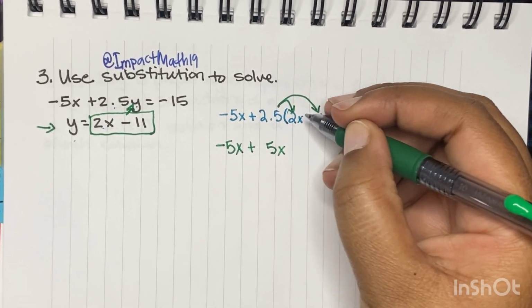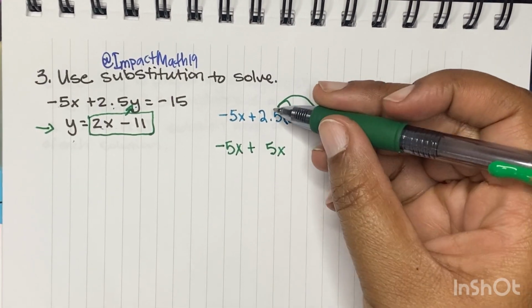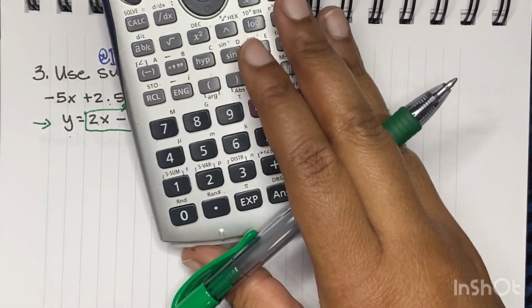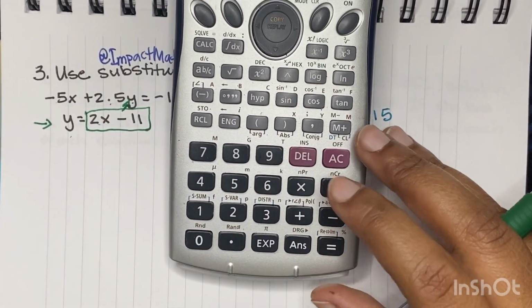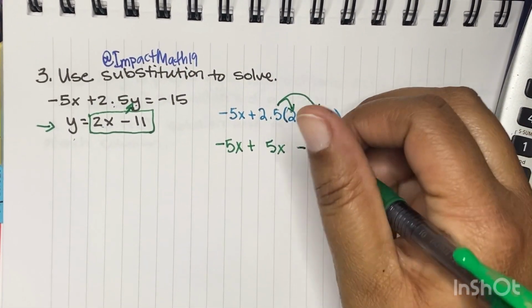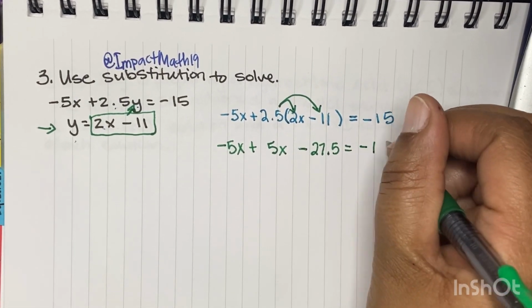So 2.5 times 2, $2.50 plus $2.50 is $5, okay? 2.5 times a negative 11. Let's see what that is. 2.5 times 11 is going to give us 27.50. So negative 27.50 equals negative 15.